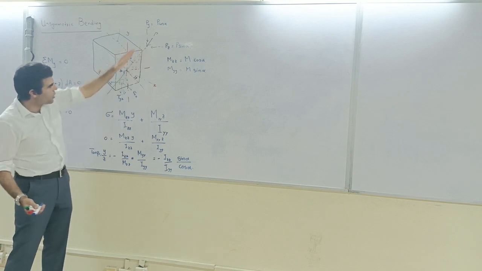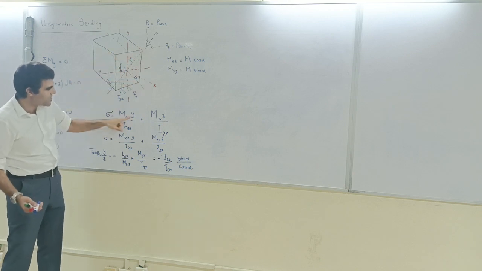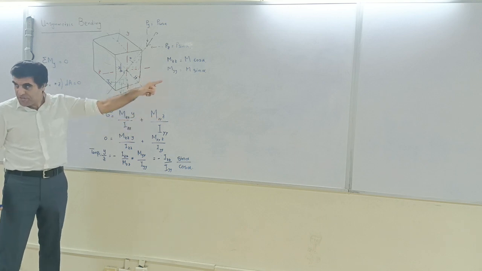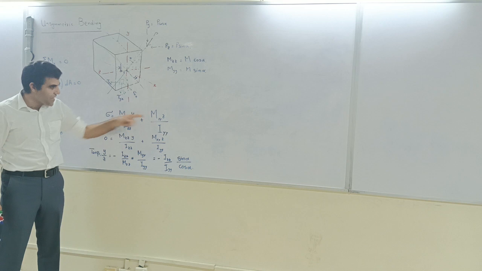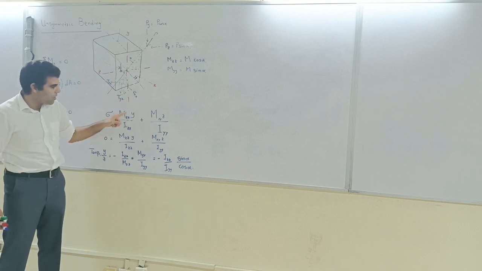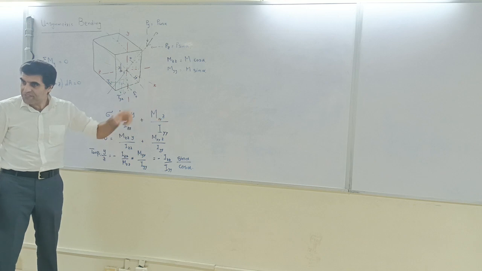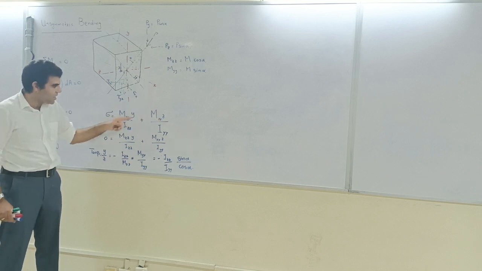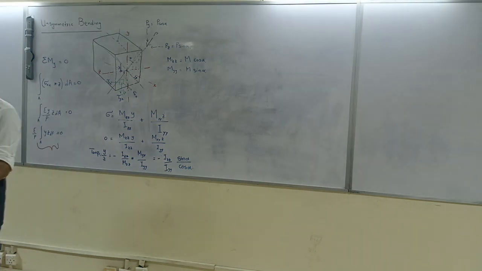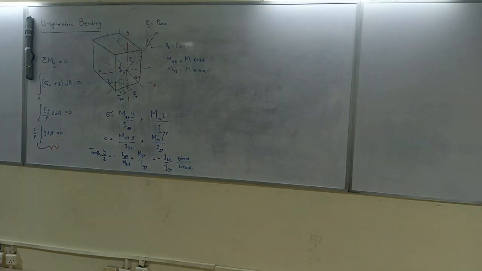Okay, so if I've got my principal axis in this direction, y positive, z positive, that will give me one stress. Both negative, that will give me another stress. Y negative, z positive, that will give me one stress, and y positive, z negative, that will give me another stress. So you have to find out four stresses.